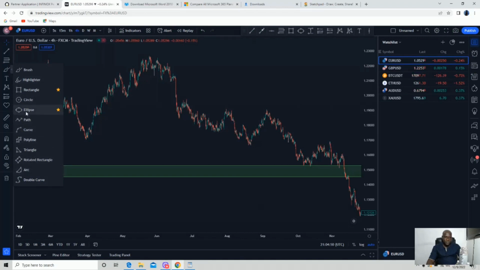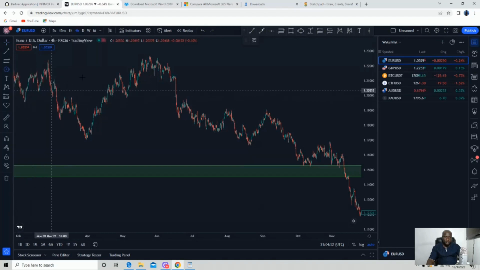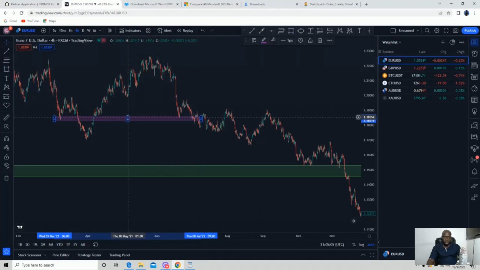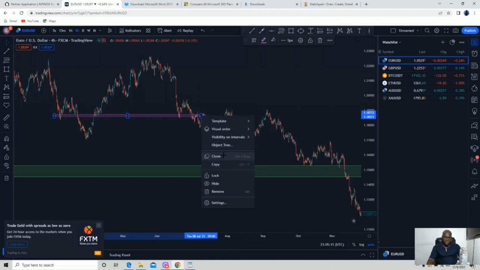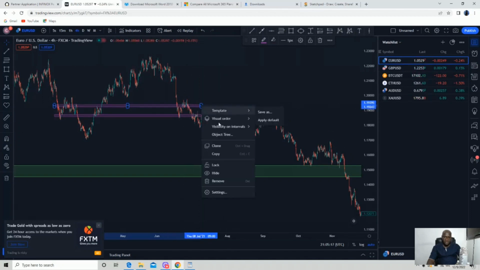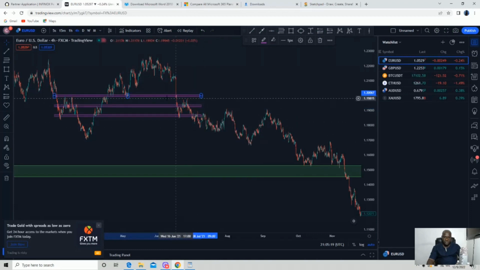I need like a circle. Okay, first of all, let me draw some structures. Let me just add some structures first, before telling you what I meant by how a resistance and a support can also be one.